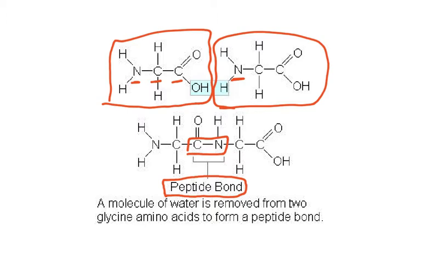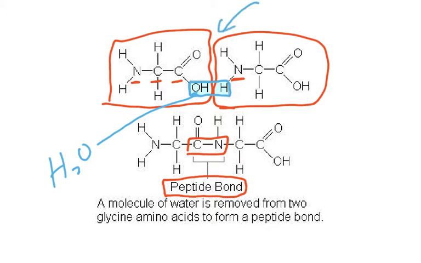So this is just a quick revision of what we have to understand. A molecule of water exits, and this molecule of water, the H comes from the N side and the OH comes from the carboxylic acid side. So the water molecule will exit, and that is why it is called a condensation reaction. And if you add water, it will break this bond.